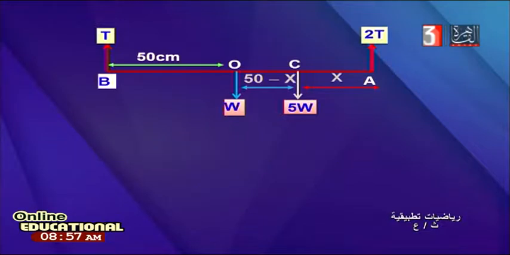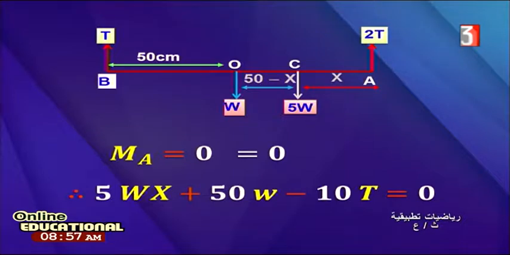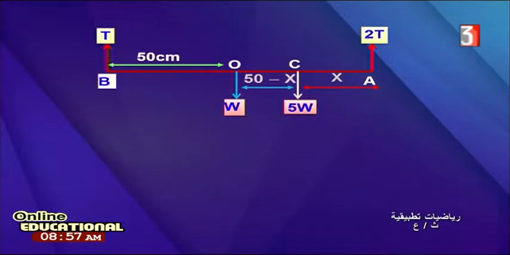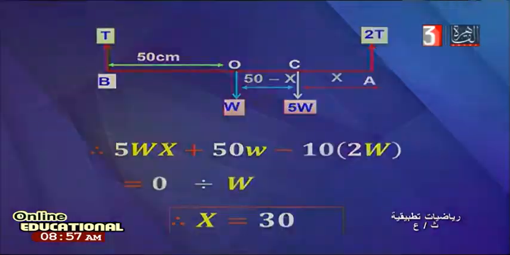This is equation number 1. We need the moment at point A equals 0, then 5Wx minus 50W minus 10T equals 0. Therefore, dividing each term by W, x equals 30.